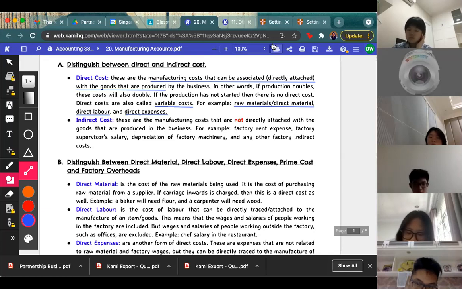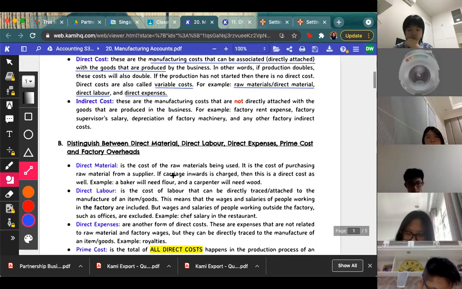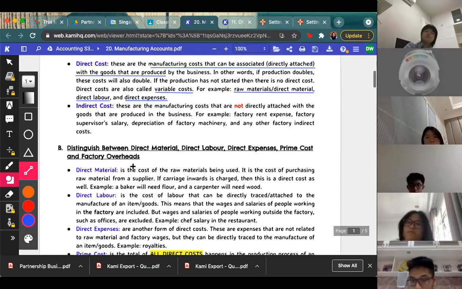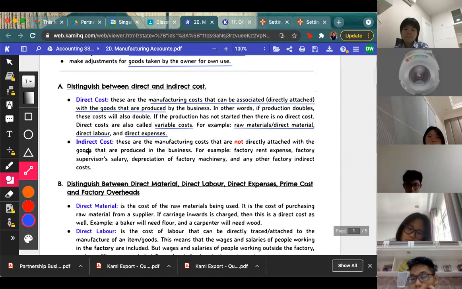But this cost will appear if we produce one. If we don't produce the goods, then this cost does not exist. Okay, clear? We will discuss that further in B.